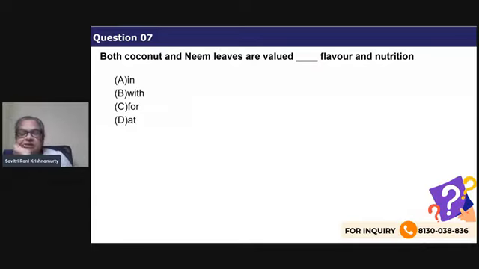What is the preposition I need here? Both coconut and neem leaves are valued dash flavor and nutrition. An article criticizing Navjot Singh Sidhu gave an interview where he said his wife was cured of cancer by just taking a diet of coconut milk and neem leaves.